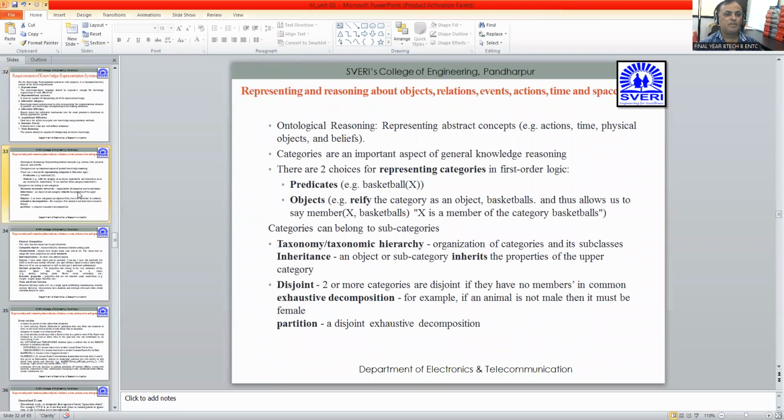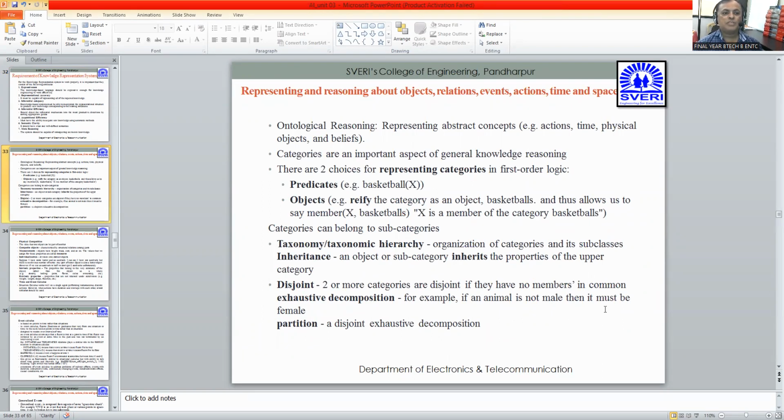Then the next point, we will start with the new point, that is representing and reasoning. Representation and reasoning will be a very important point further on. That is about objects, relations, events, actions, time, and space.